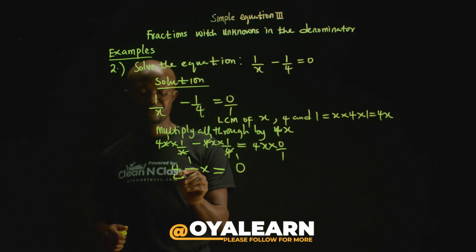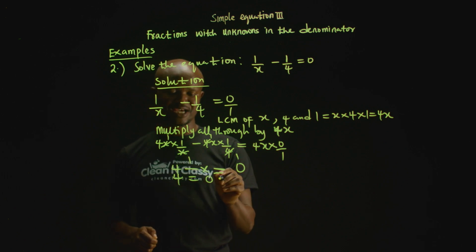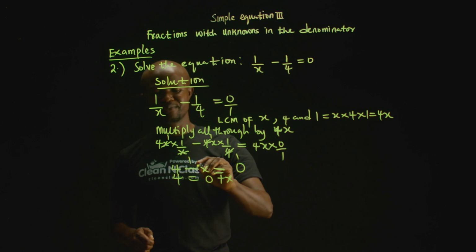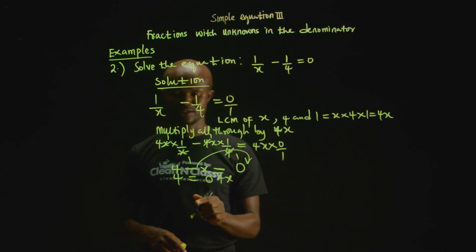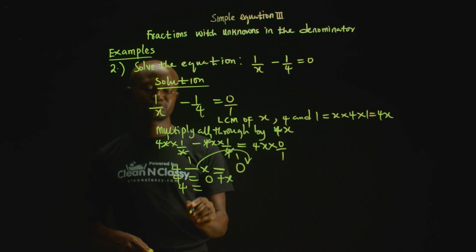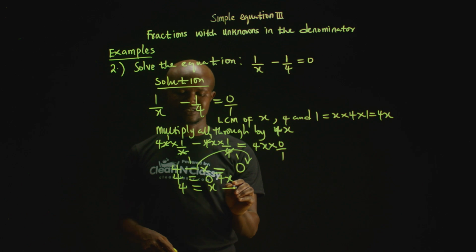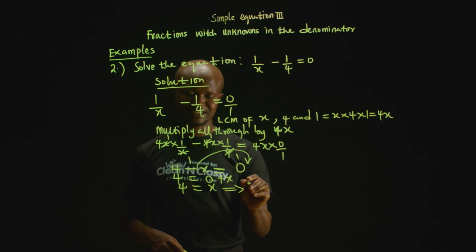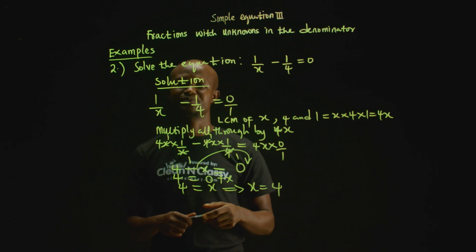So we have 4 equals 0 plus x. When you bring minus x to the right hand side, it becomes plus x. So 4 equals 0 plus x, that is x. This implies that x equals 4. That is the solution to the problem.